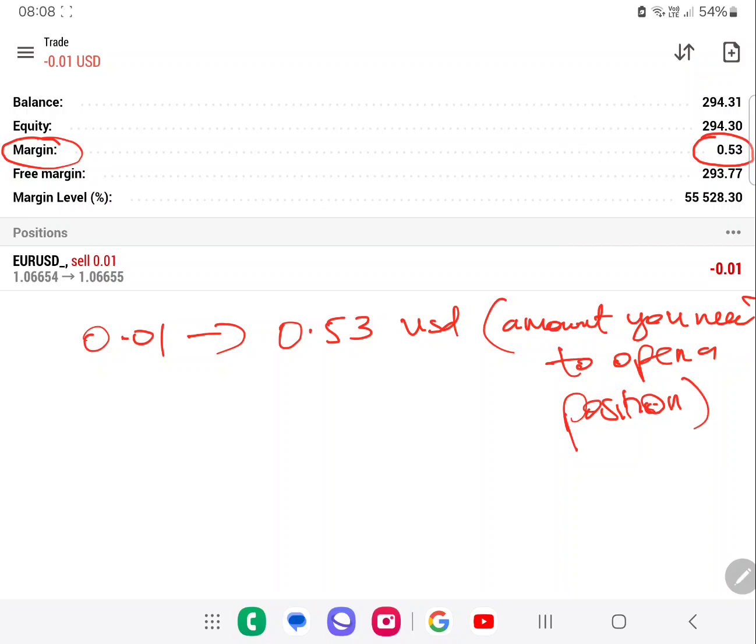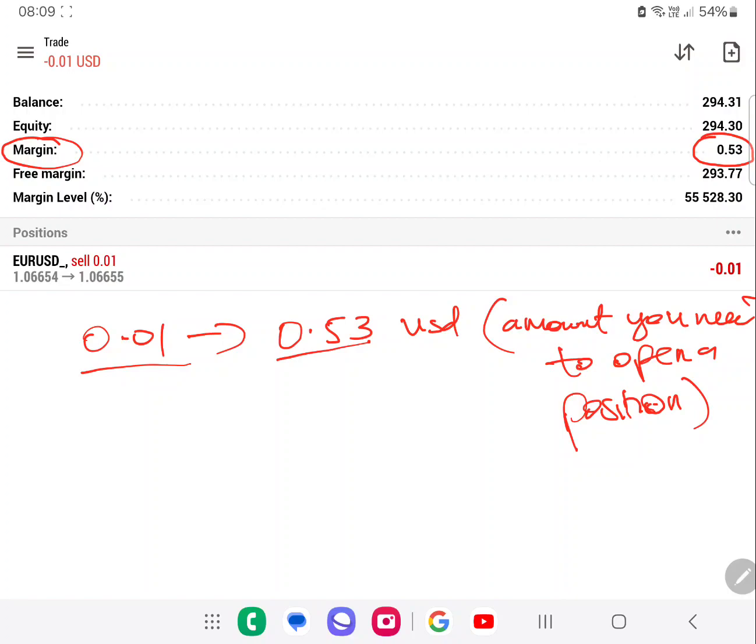How many units do you want to buy and how much are you going to pay for those particular units? So in this case I need $0.53 to open a position of 0.01.